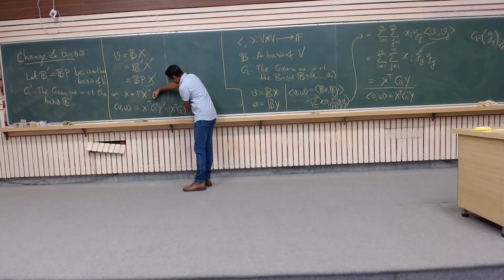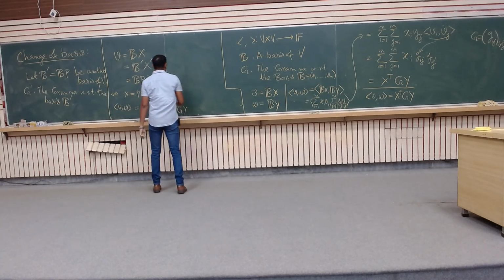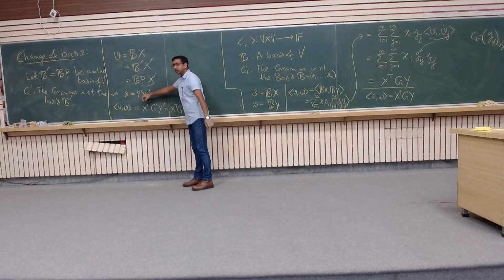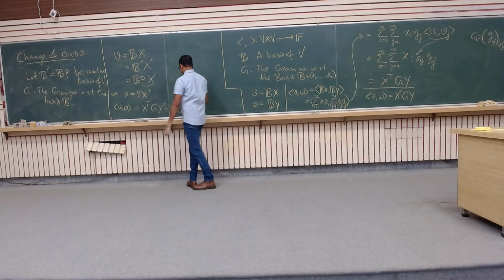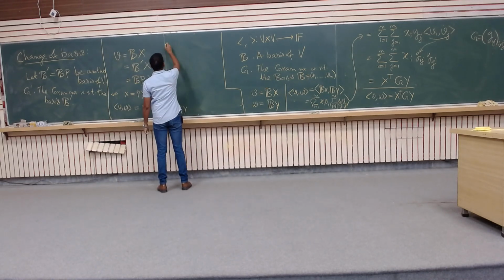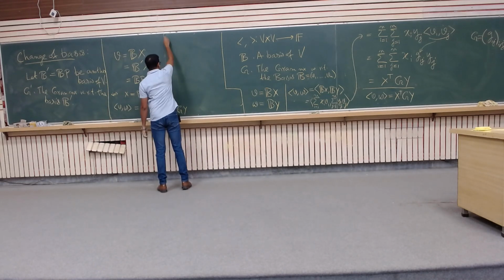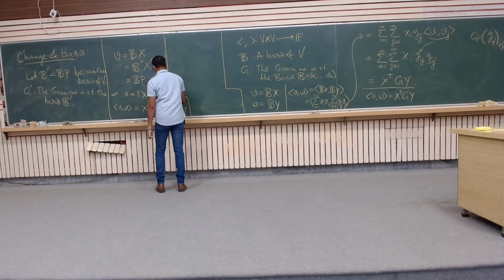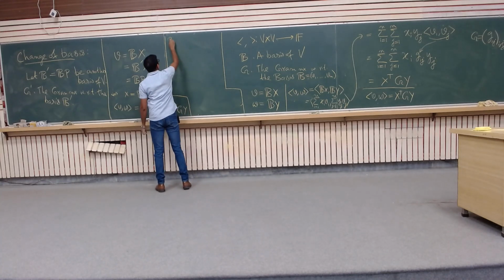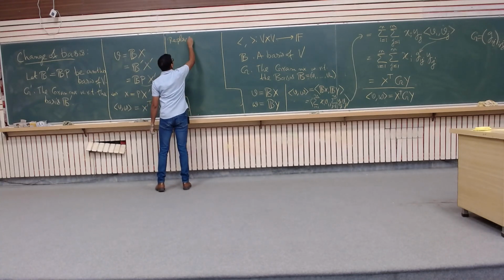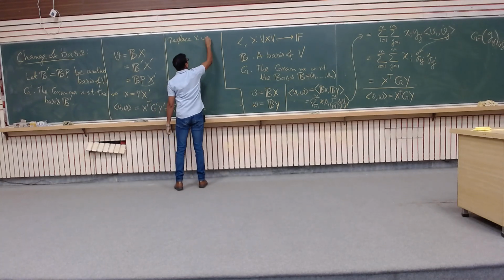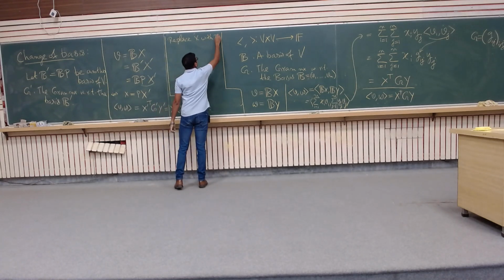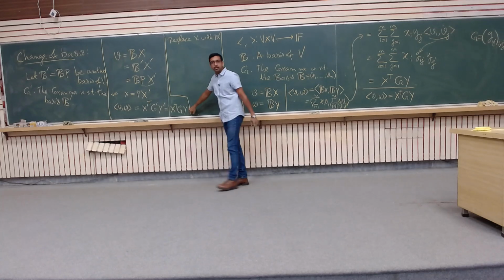So from this equality, we are going to get a relation between G and G dash. So we will replace this x with Px dash in the last expression, this one.